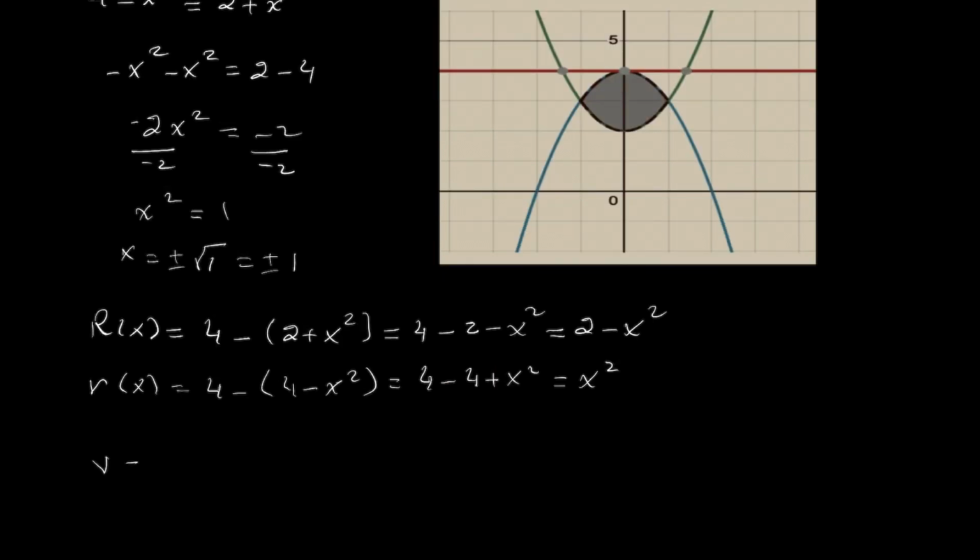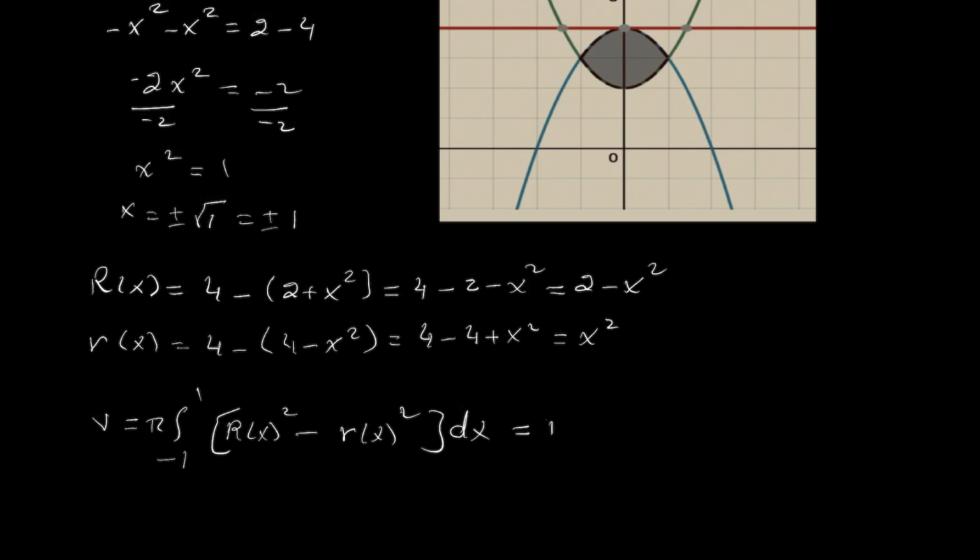We say volume is equal to the integral between minus 1 and 1, and we have pi outside, and inside we put the outer radius squared minus the inner radius squared dx. And we replace, and we say it's equal to pi integral from minus 1 to 1.